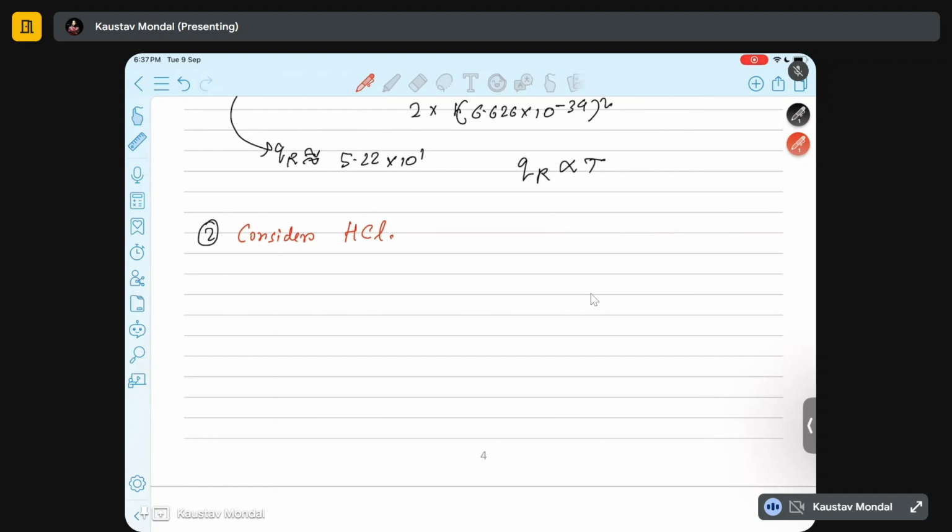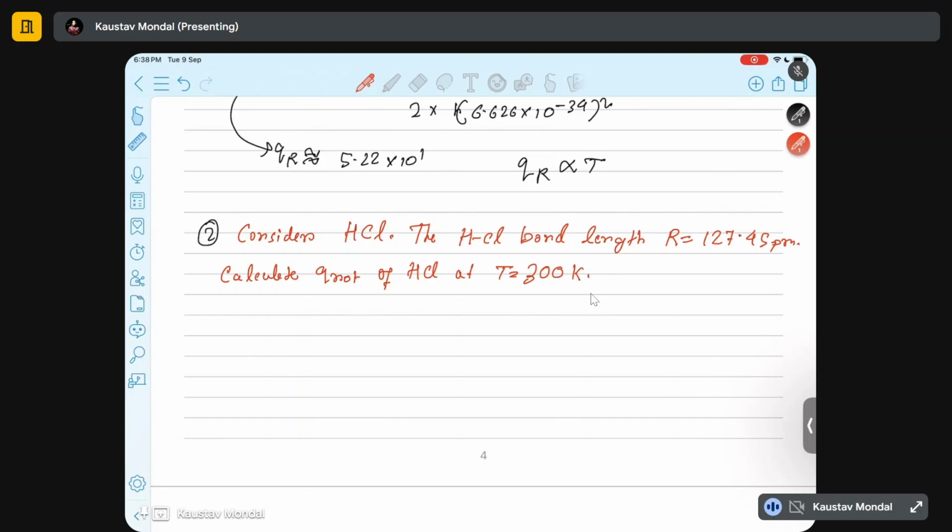Okay, so the HCl bond length is given by R equal to 127.45 picometer. Now we have to calculate the Q naught of HCl at temperature equal to 300 Kelvin, right?